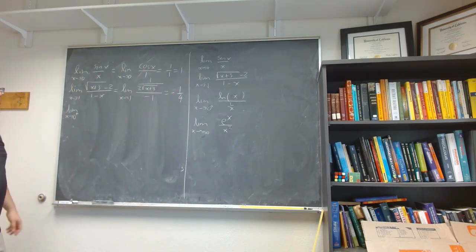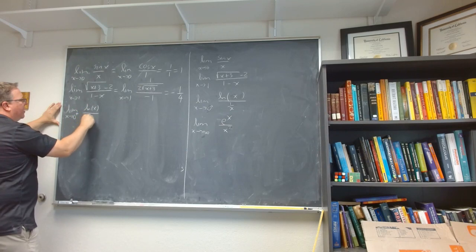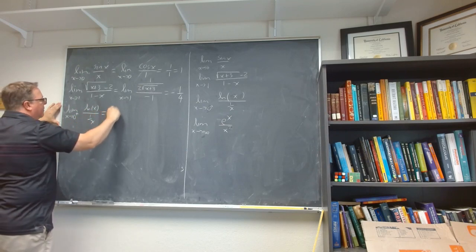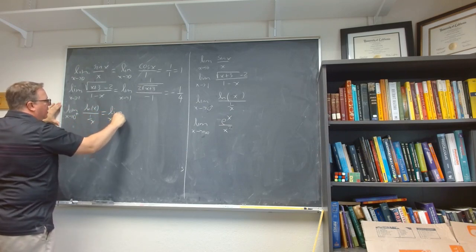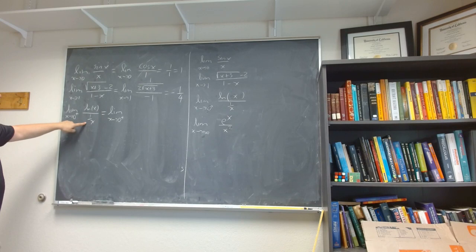That's completely doable using L'Hopital's rule. So we're looking at the natural log of x over 1 over x. And the top one goes to negative infinity. The bottom one goes to infinity. So it's of the form some infinity divided by another infinity.